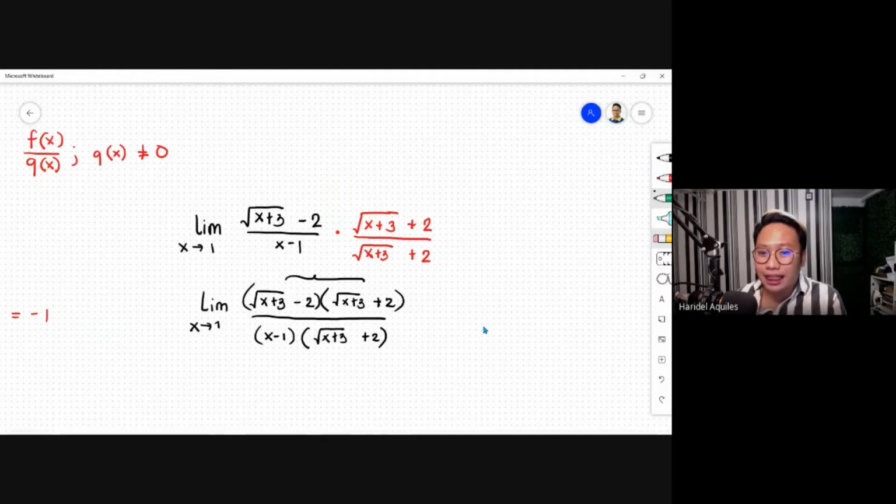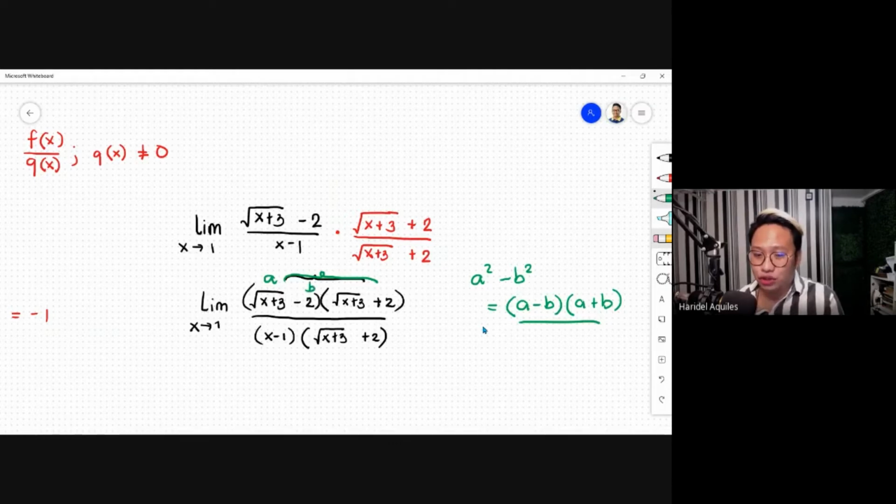We can apply the concept of the difference of squares. If we expand this, we would get a minus b times a plus b. This form is similar to this form here, having a as square root of x plus 3 and b equal to 2.